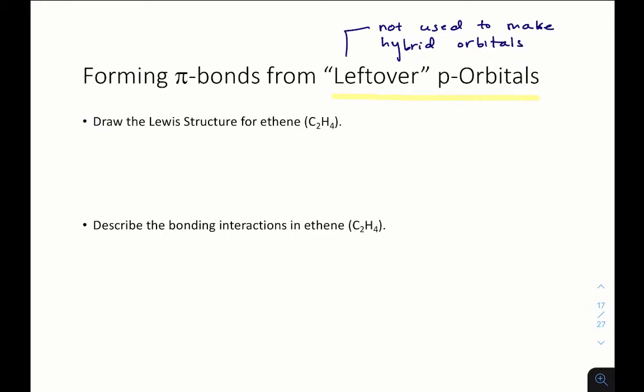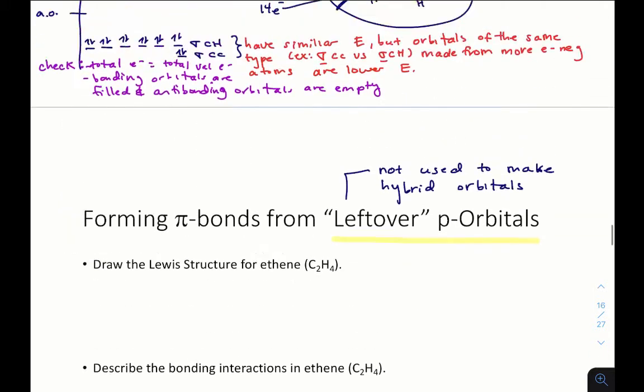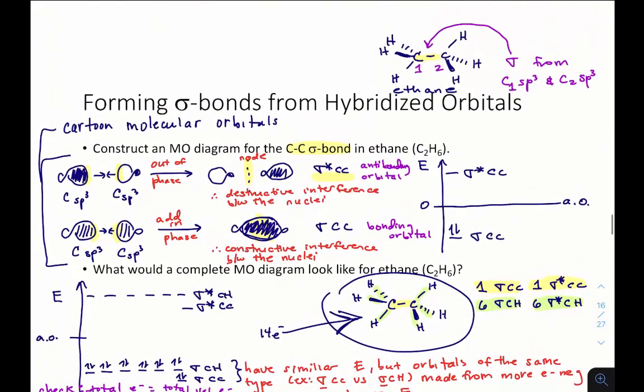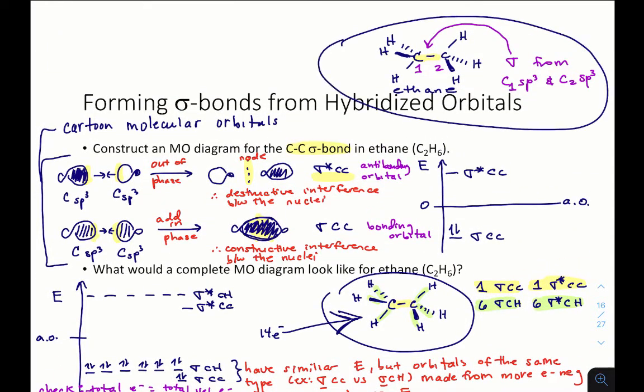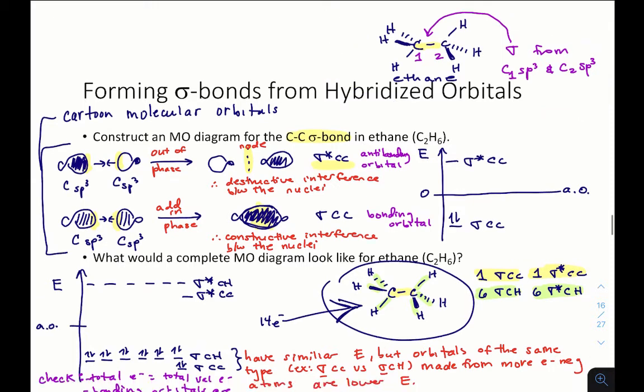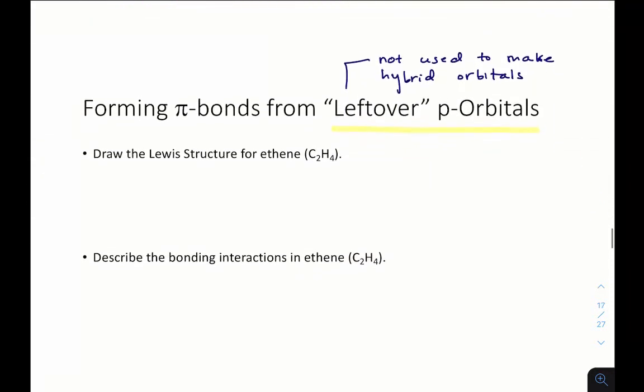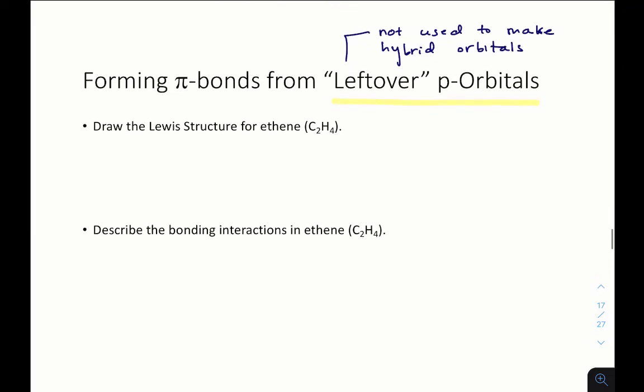What is meant by describe the bonding interactions is simply what we did here. Sigma from C1 sp3 and C2 sp3, for example. It is also what you did at the end of the valence bond theory lesson. And I believe you've even already done this for ethane. Please pause.